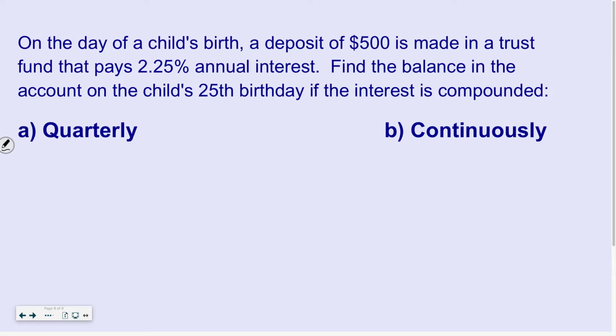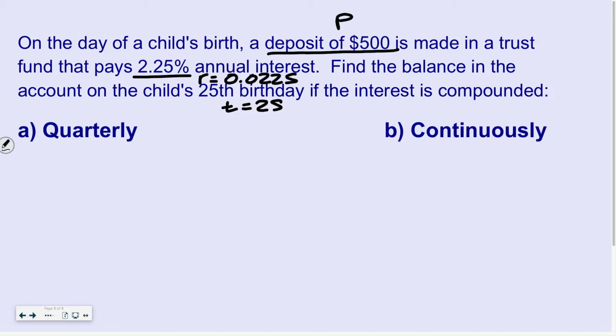So this is the day of a child's birth. A deposit of $500, so that's my P, is made in a trust with 2.25% annual interest. So that's going to be my R, and I have to change it into a decimal. R is 0.0225. Find the balance in the account on their 25th birthday, so that's 25 years later, so T equals 25.